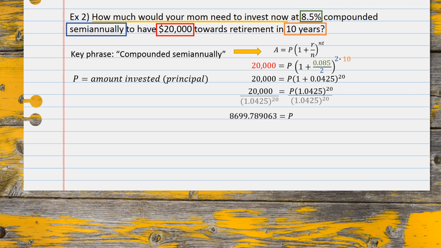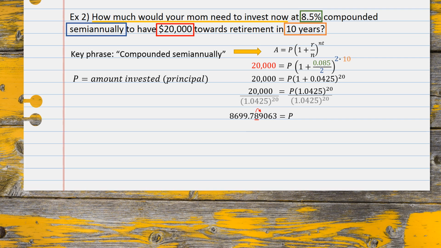Hopefully you found the result to be 8,699.789063 equals P. But remember, we're talking about money, which means you can only keep 2 values past the decimal. So we look immediately to the right of the second value to see if we will round up or stay the same.